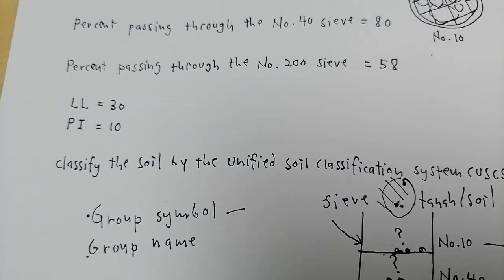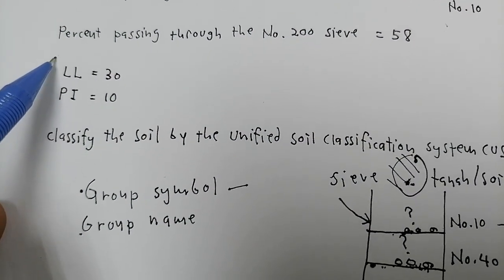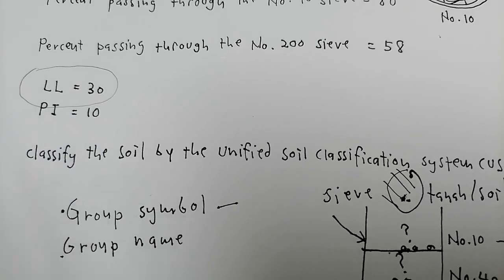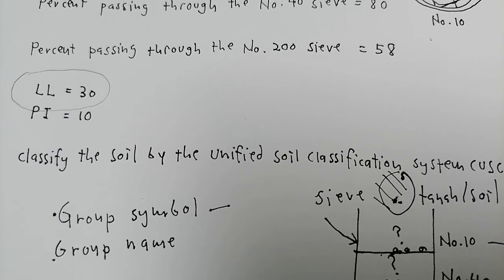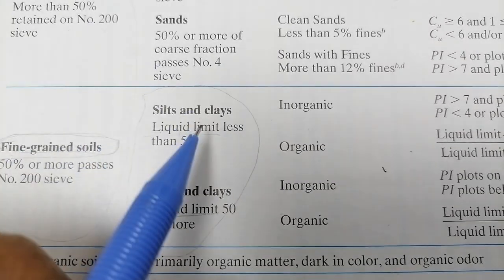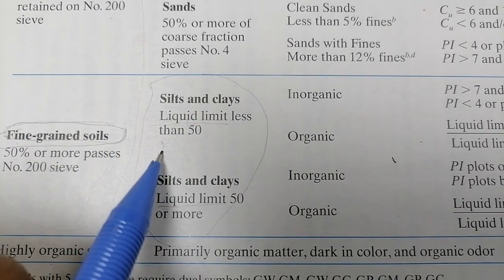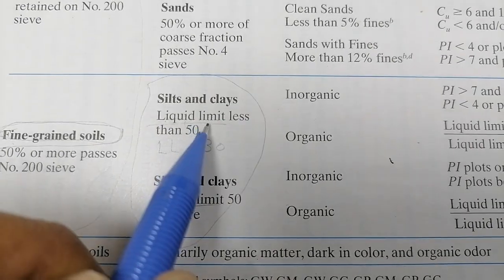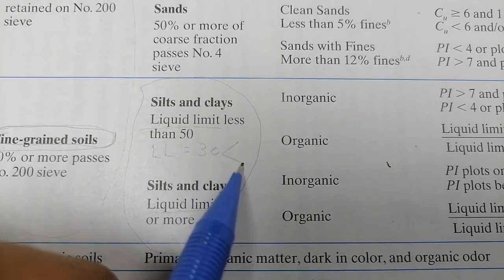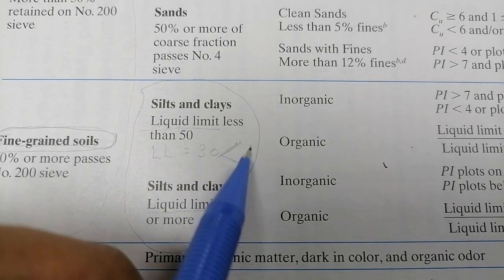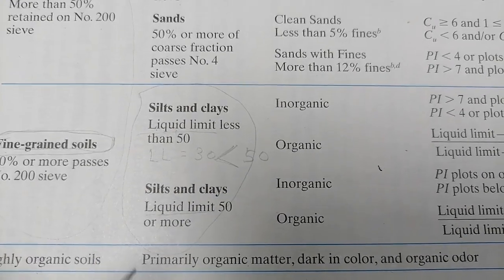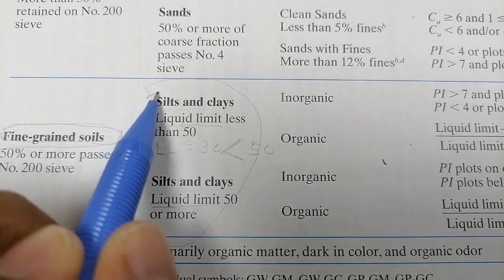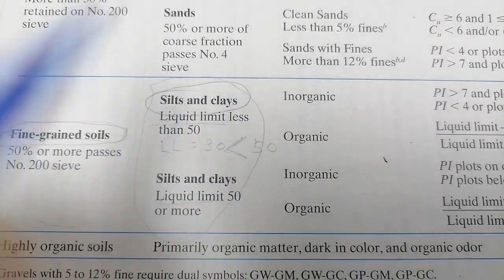Sorry because I have to move from one place to another. Okay, ni value liquid limit kita. It is 30. So our liquid limit is 30. So it is less than, ini simbol less than 50, right? Okay, 30 kurang daripada 50. So we are here.